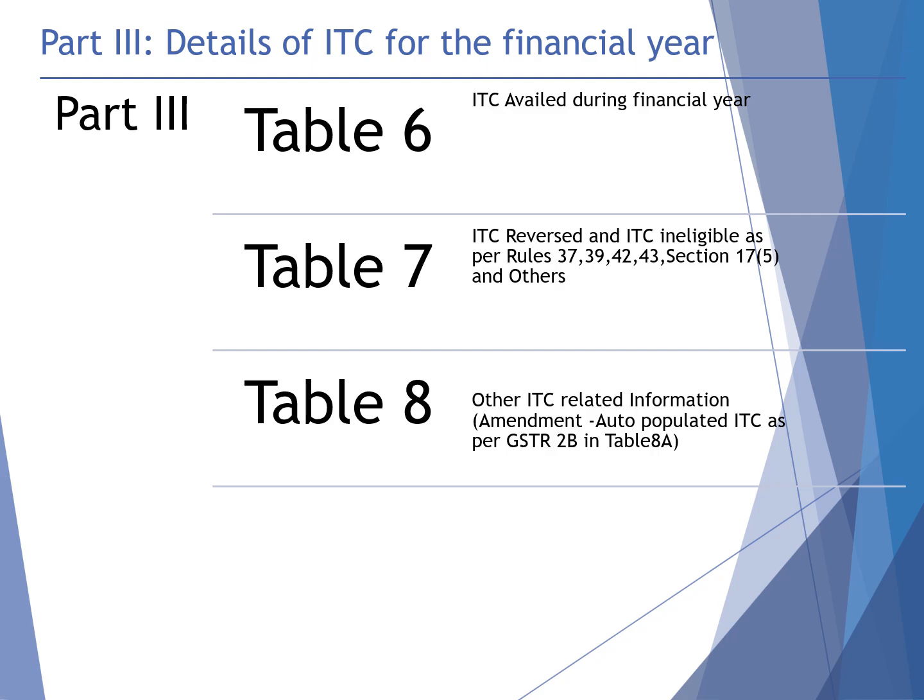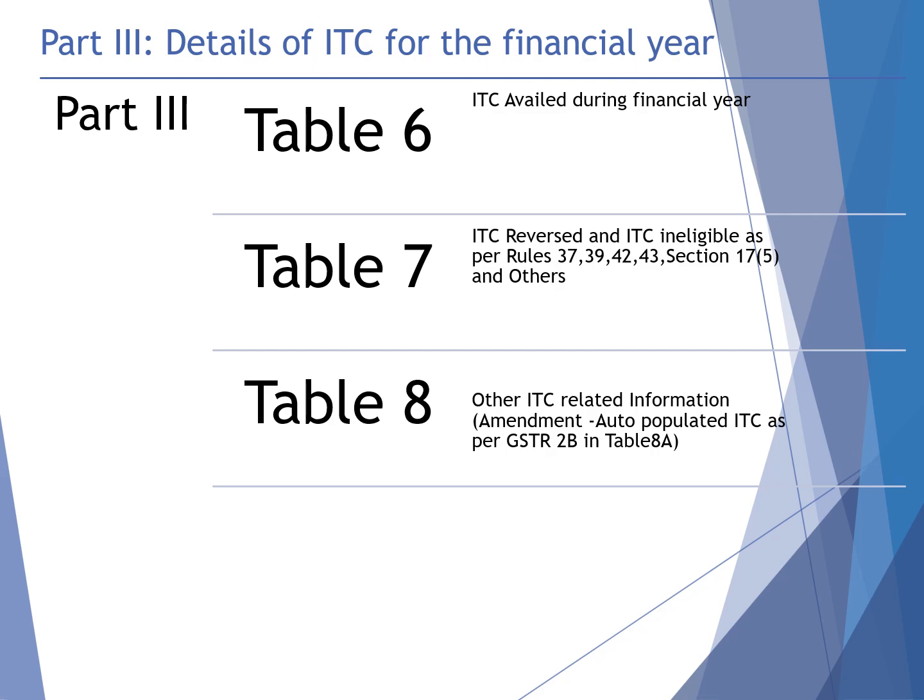Table 7 requires the details of ITC reversed and the ITC ineligible for the financial year 23-24. The ITC which is required to be reversed on account of Rule 37 means where the recipient failed to make the payment within 180 days. Rule 39 means ISD credit reversal.